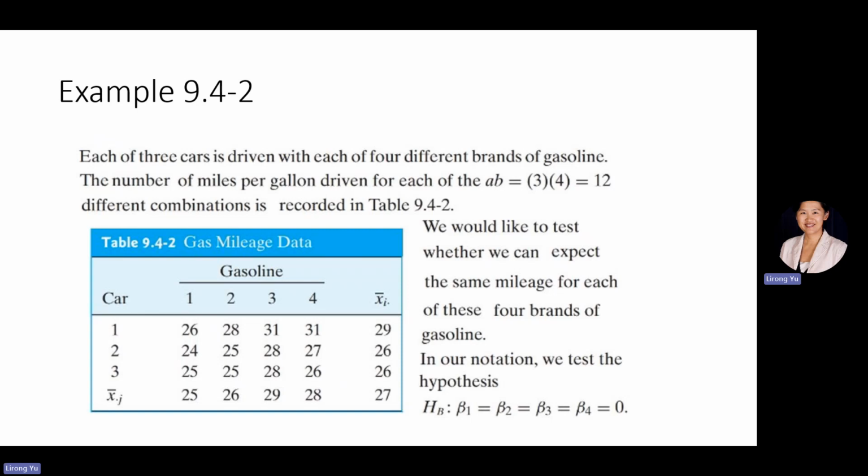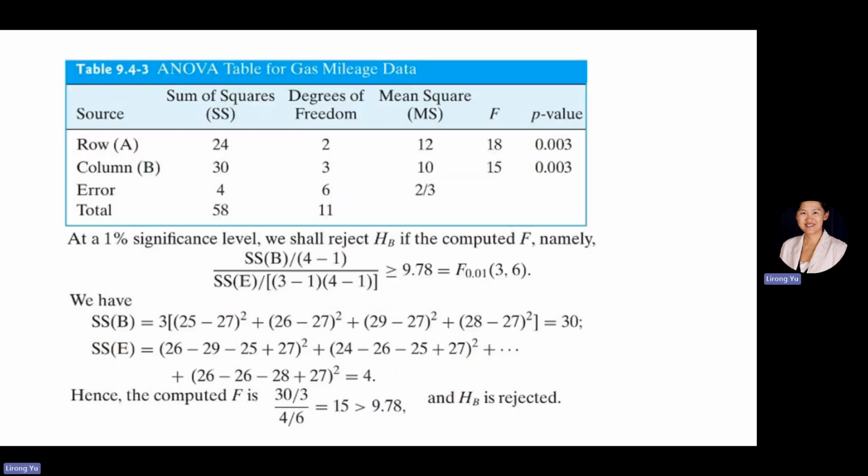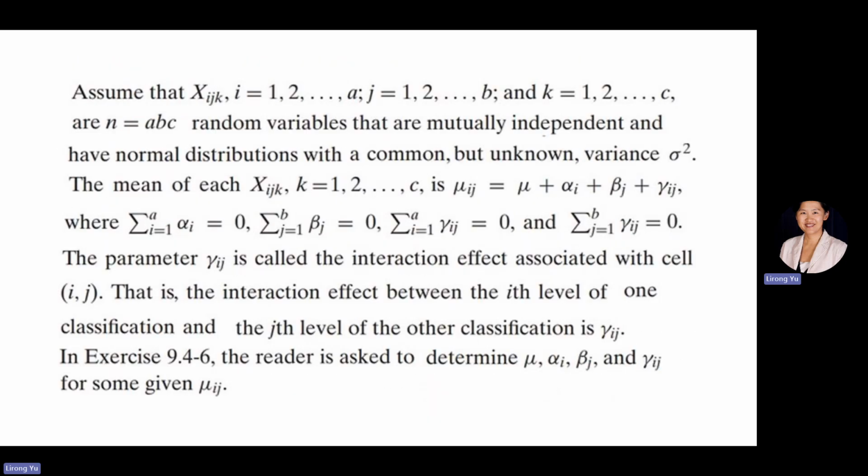But in reality, we should have more examples in each scenario, rather than 1 car and 1 gasoline in each scenario. So that's why we add a C. In this case, the total number of data points is A times B times C. A represents the number of rows, B represents the number of columns, and C represents how many data points we have in that row and column.